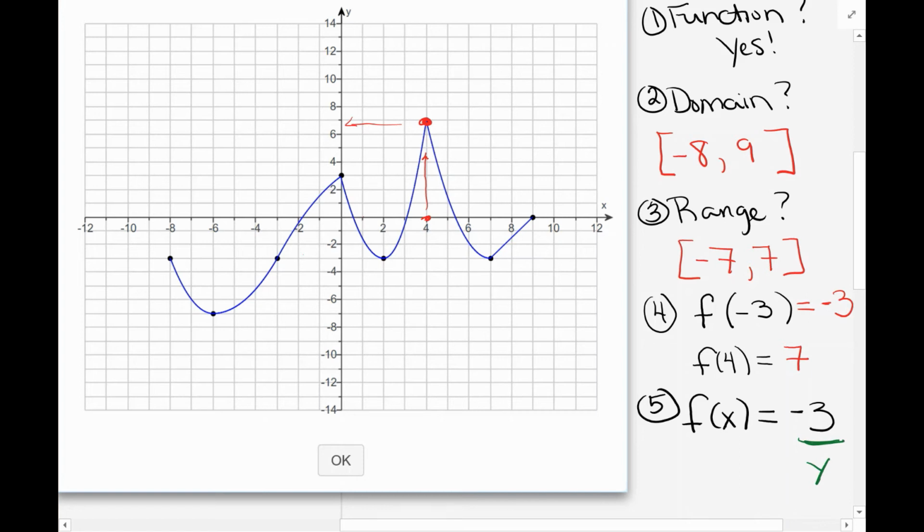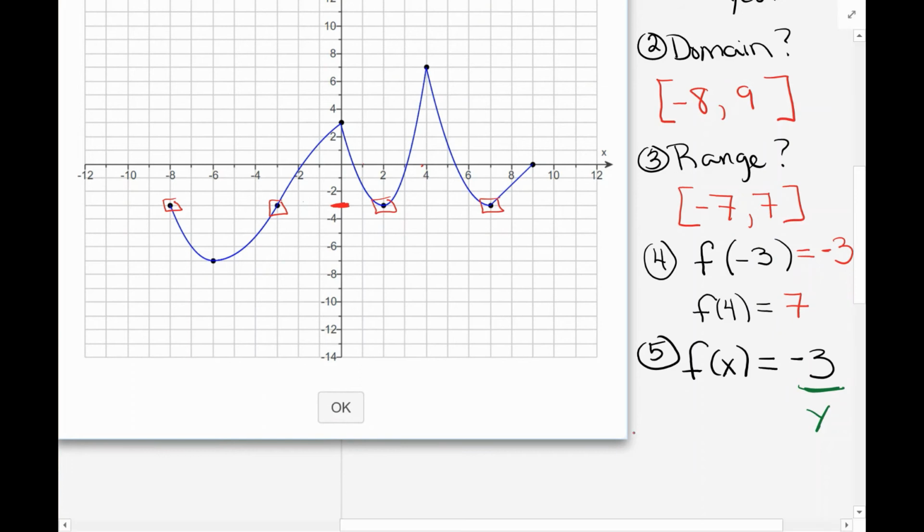So you got to go to your graph and let's find all of the -3s. Let's find everywhere where y is equal to -3. -3 is right here. Now let's find all the points that are associated with -3. I got one here, I got one here, and I got one here. Anywhere else? Oh, I have one here too. It's a bunch. Okay, so the answer to this problem is all of these x values. It says, what x values have a y value that's equal to -3?